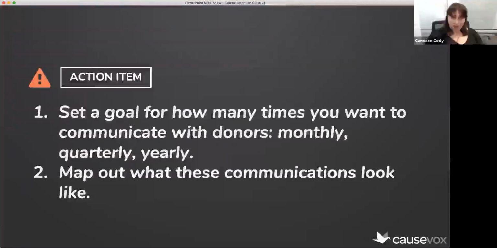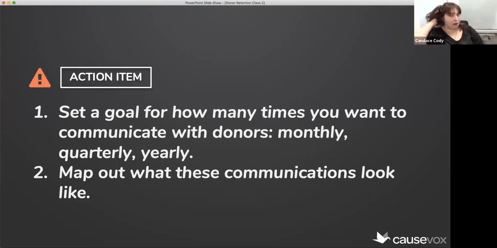There should be a lot going on outside of your asks that just shows appreciation to your donors as well. So an action item for you is to set a goal for how many times you want to communicate with donors on a monthly, quarterly, and yearly basis. Keeping in mind that between 7 and 12 touches is where you'll get another donation, plan how many times you're going to reach out a month, a quarter, and for the rest of 2020.